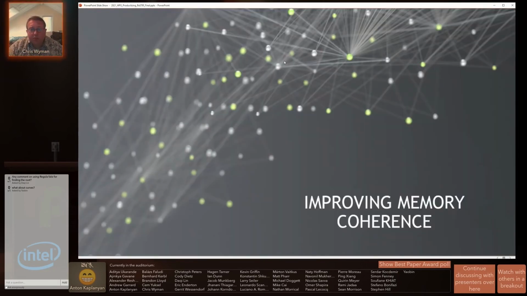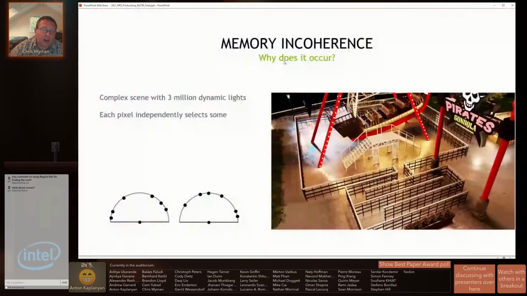So to improve memory coherence: one of the problems with this algorithm is it has poor memory coherence. Why is that? Well, if you imagine a scene like this, where there are 3 million dynamic lights, each pixel independently selects some samples, as you can see down here on the bottom. This is an amusement park with about 7 or 8 different rides, and all the lights move around dynamically.